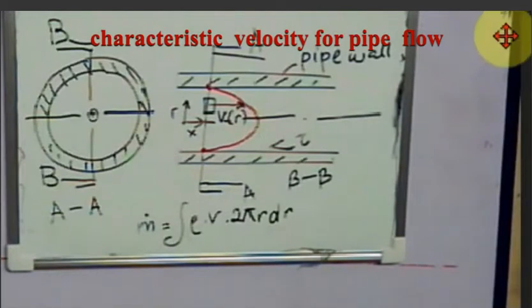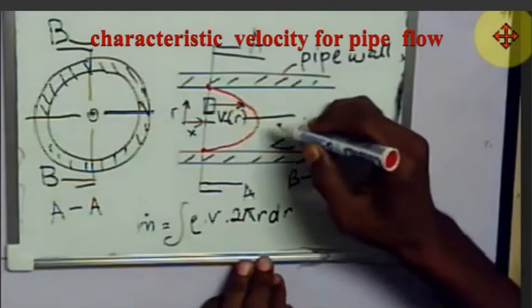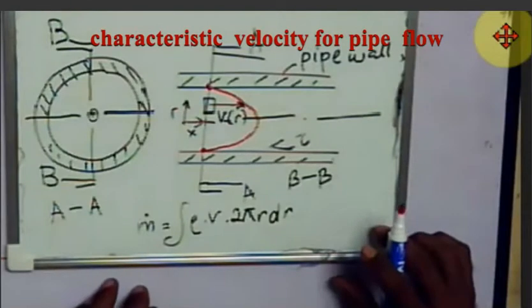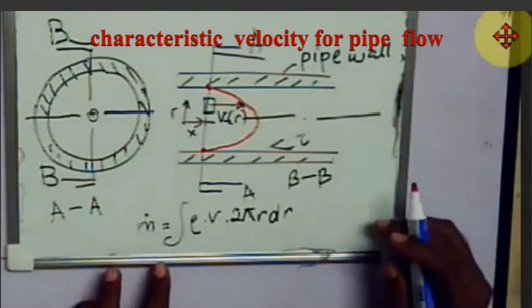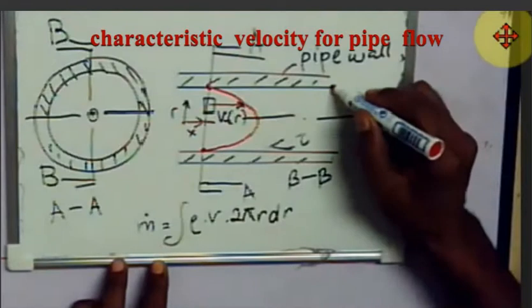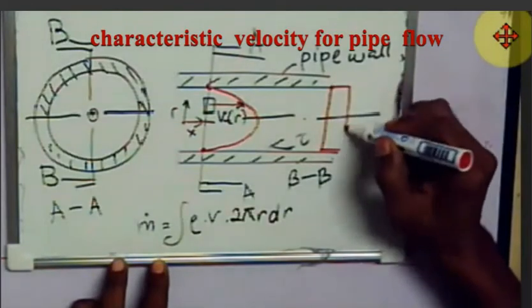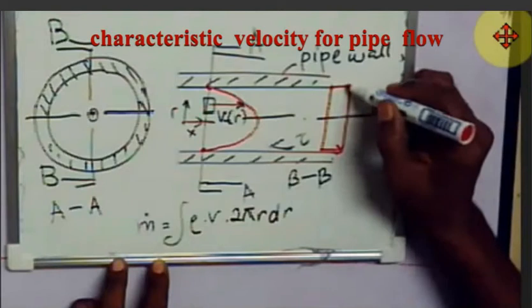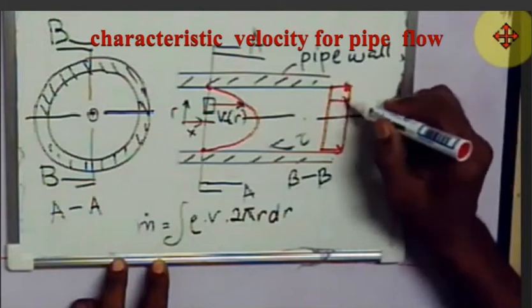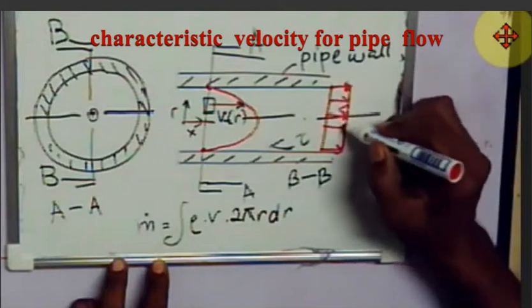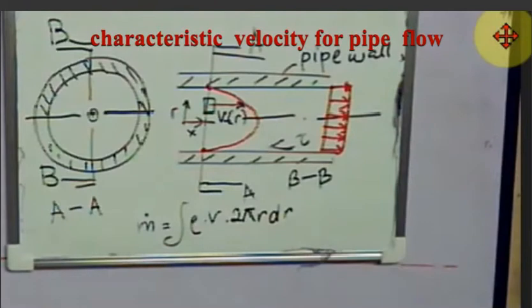But during our course, we mostly assume that this velocity distribution is approximated by another velocity distribution. We assume, which is not true, that the velocity distribution is uniform.